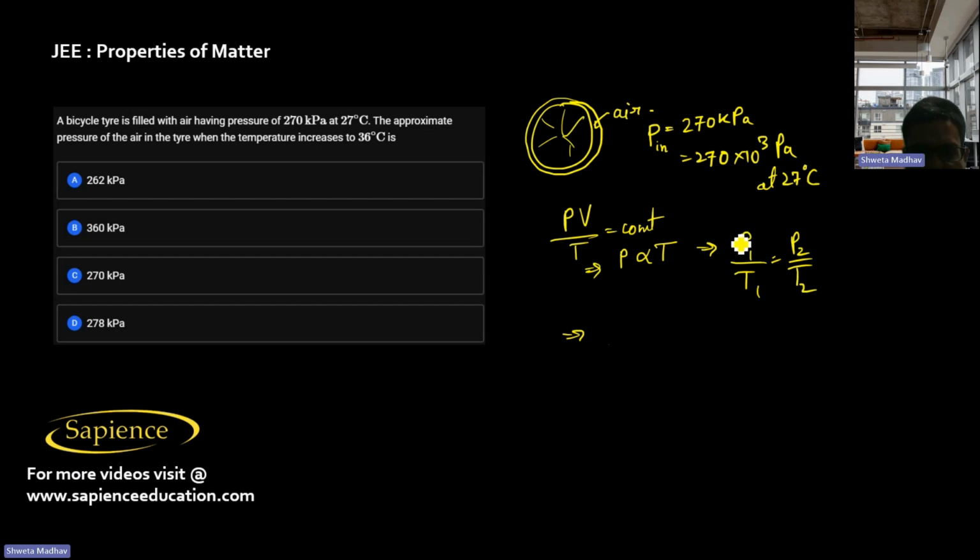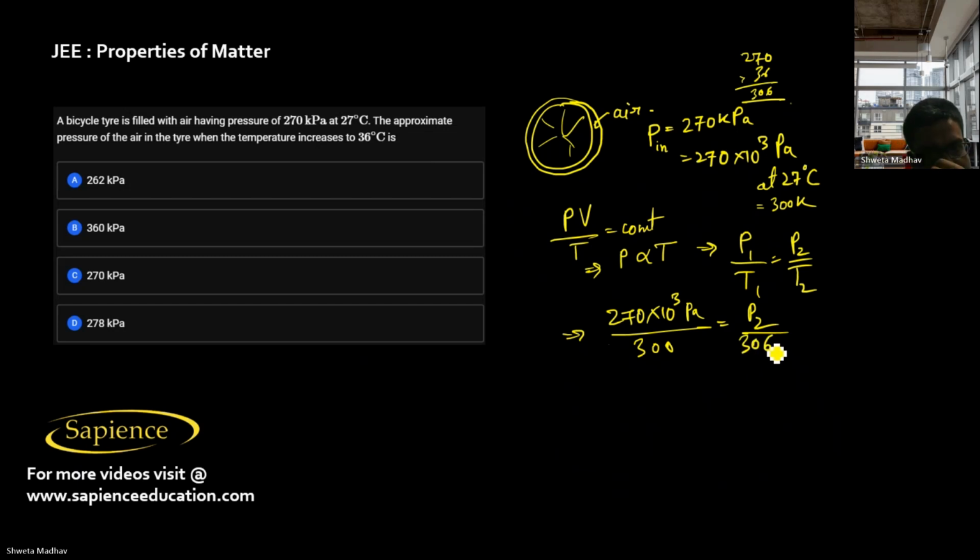So the pressure is 270 into 10 power 3 Pascal when the temperature is 27 degrees Celsius, means it is 300 Kelvin, 27 plus 273, that is 300 Kelvin. That will be equal to P2 by T2, that is 273 plus 36, that is 306.